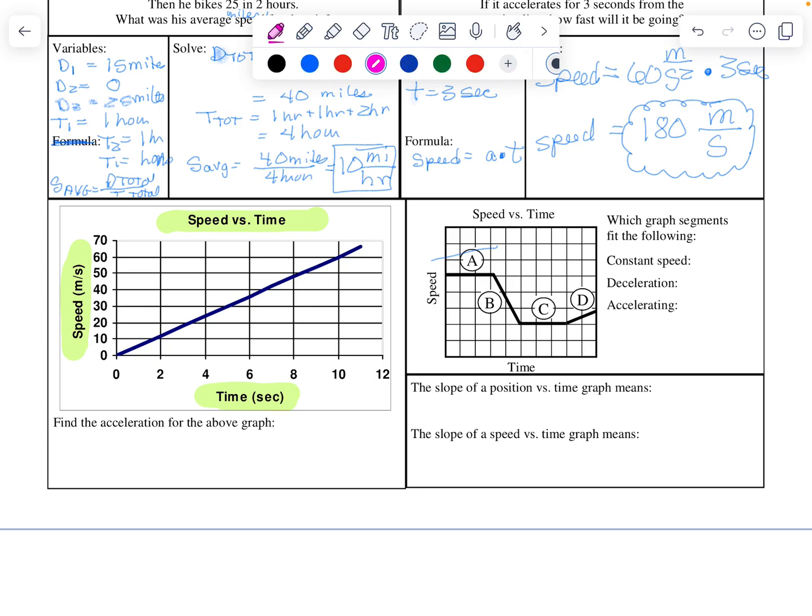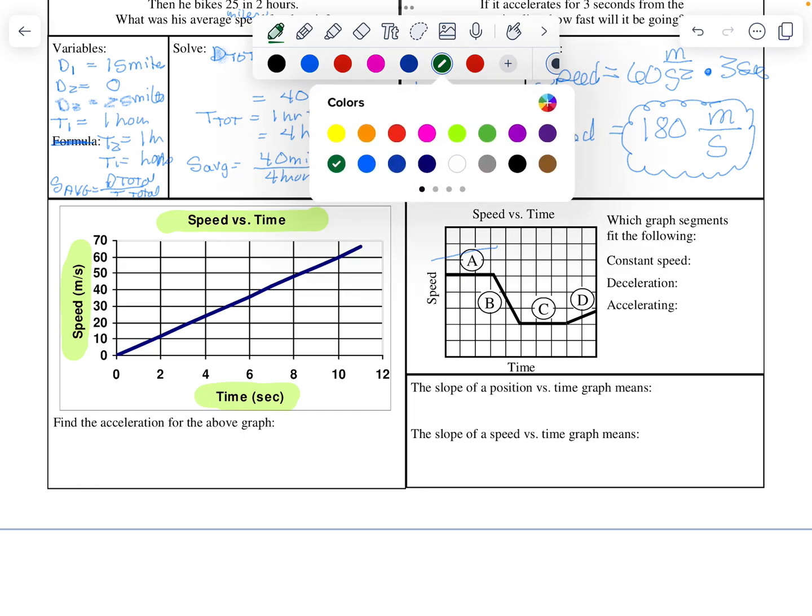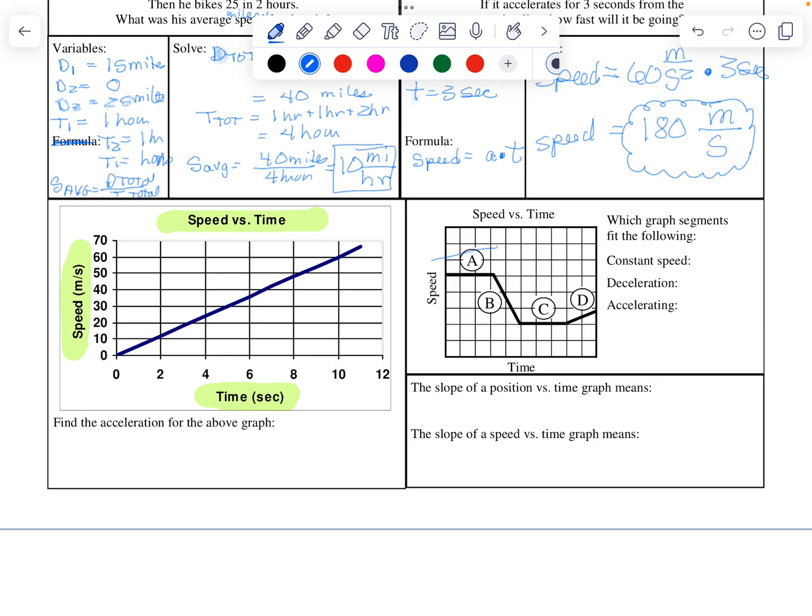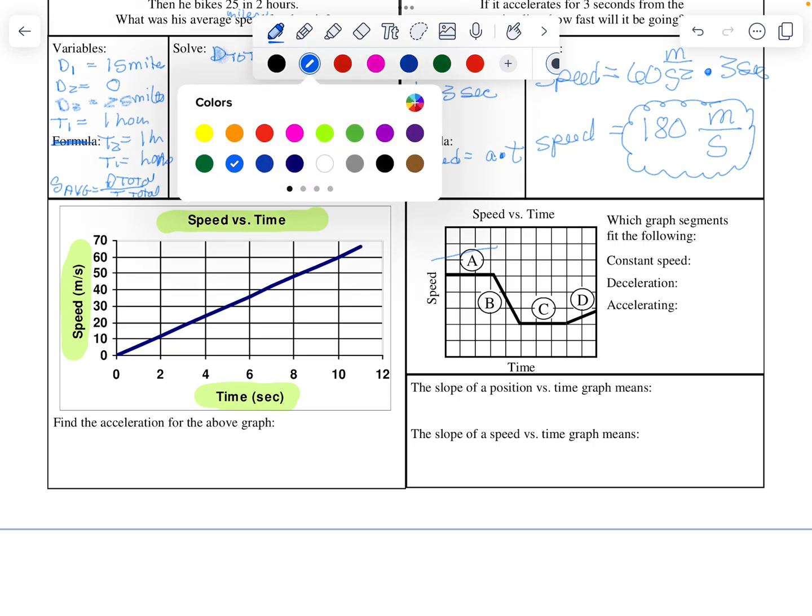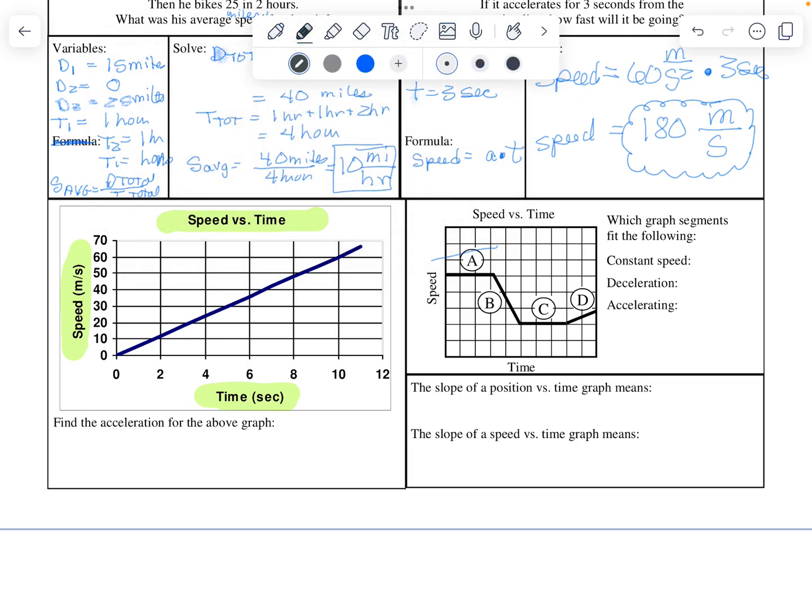I don't know why I can't write with this one without making it thinner. Okay, let's try this one.